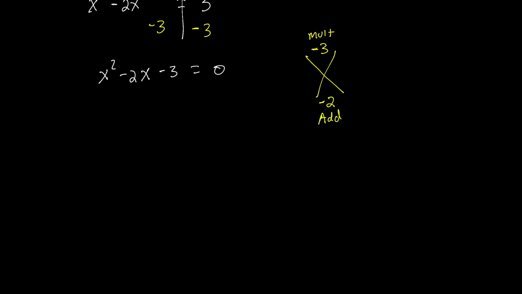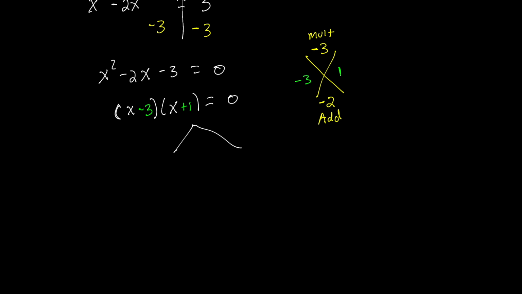And the two numbers that satisfy these two conditions are going to be negative 3 and positive 1. Negative 3 times 1 is negative 3, but negative 3 plus 1 is negative 2. So I can factor this as x minus 3 and x plus 1. That's going to equal 0.